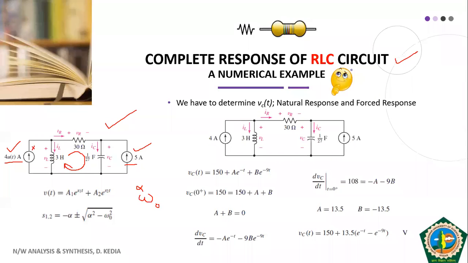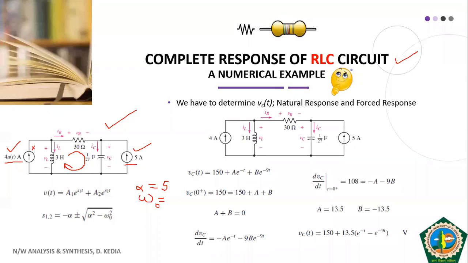So we already know the value of alpha for a series RLC circuit, that is alpha is equal to R by 2L. Okay. So if we calculate, alpha will come out to be 5, and we know that omega naught is equal to 1 by root LC.